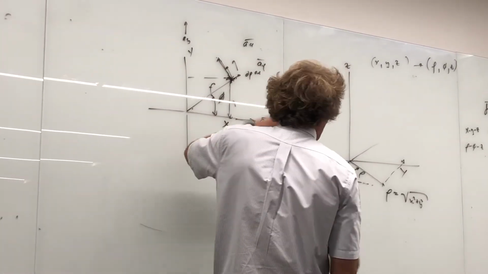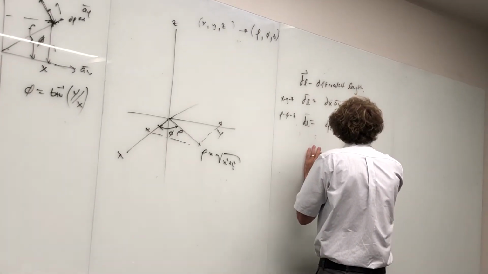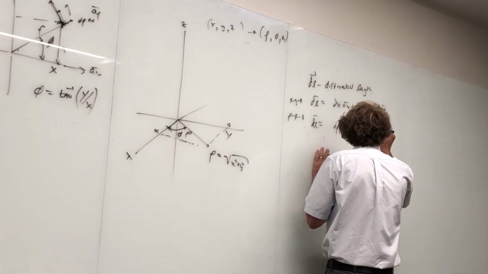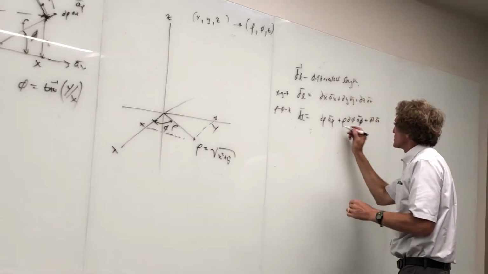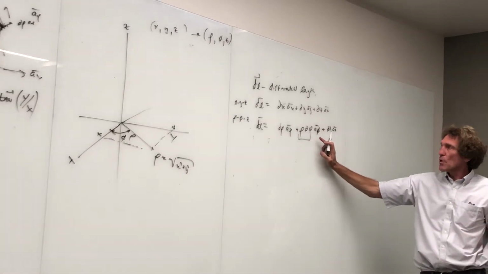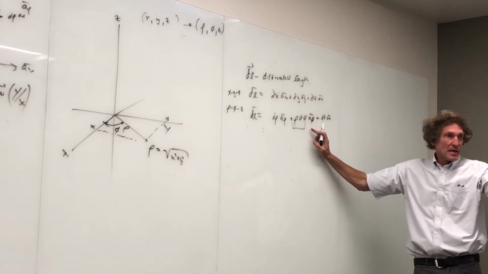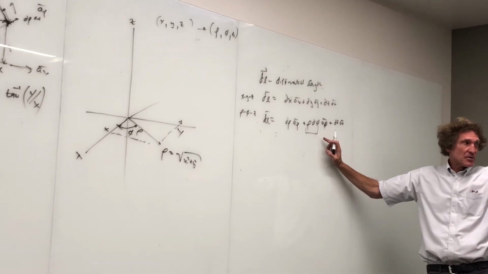So when I take a look at this, the differential arc length would be plus rho d phi a phi plus dz az. And the key thing I want you to see is the value, it's not just d phi a phi, it's rho d phi, because the length of that vector rho, how far away you are, determines for a small angle d phi how much actual deflection occurs, right?